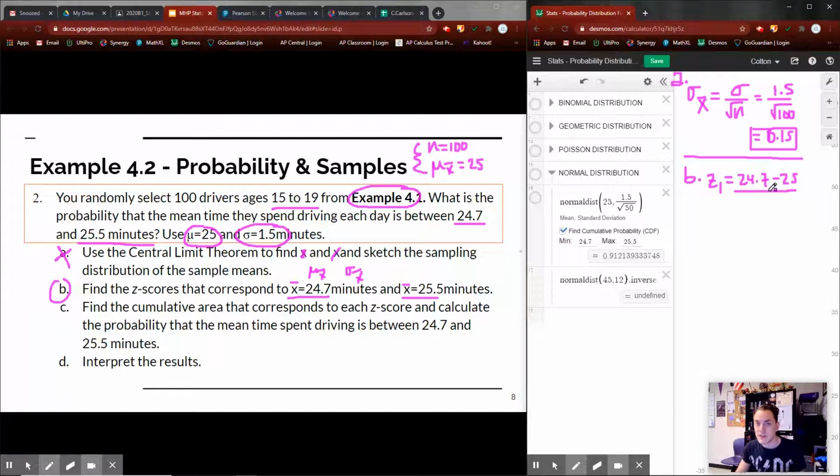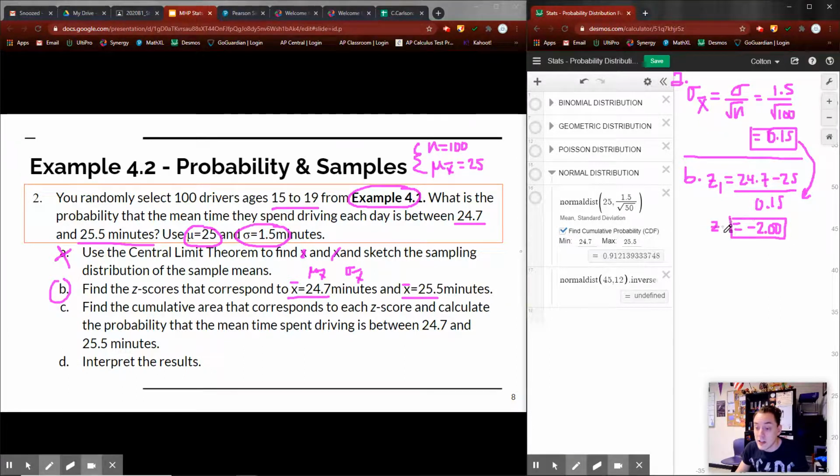But now instead of dividing by 0.2121 with a sample size of 50, we're going to do a sample size of 100. Since I have a sample size of 100, I get a different sample standard deviation, which means I need to plug that right here. So when I calculate that out, I actually get negative 2.00. So this is my first z-score.